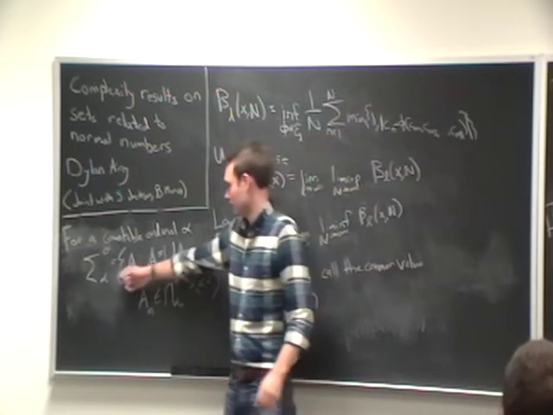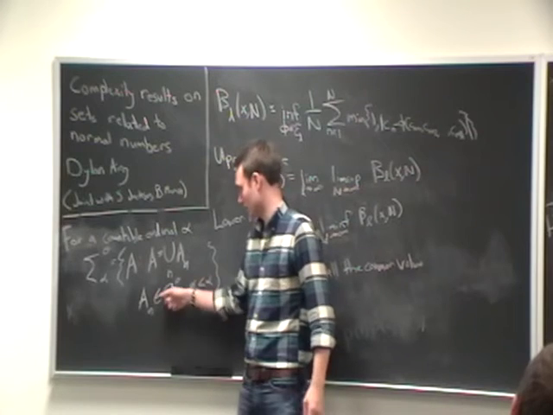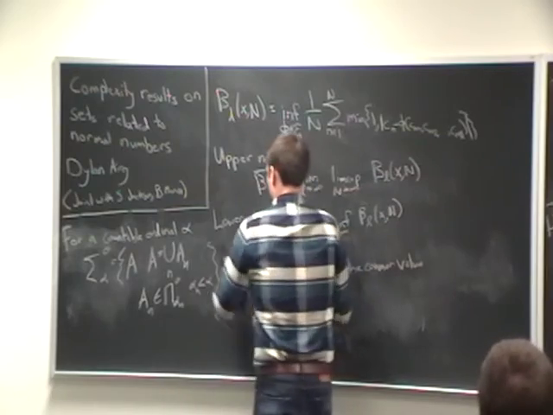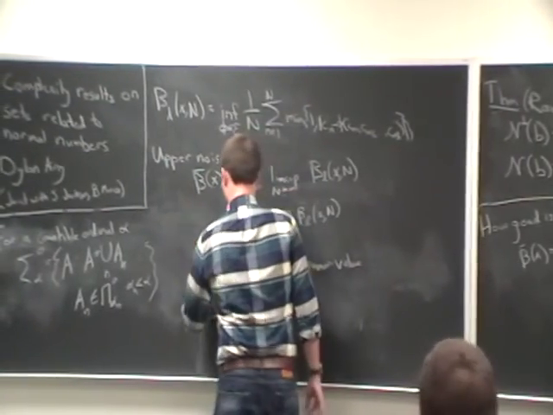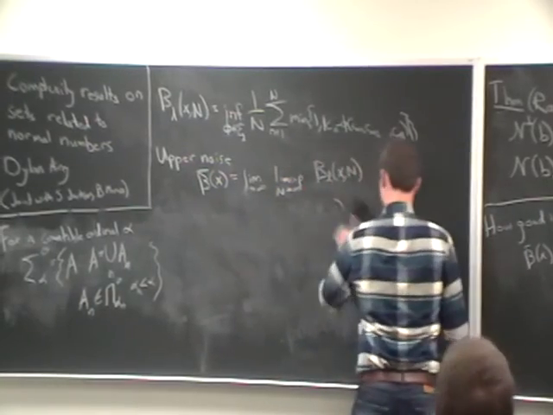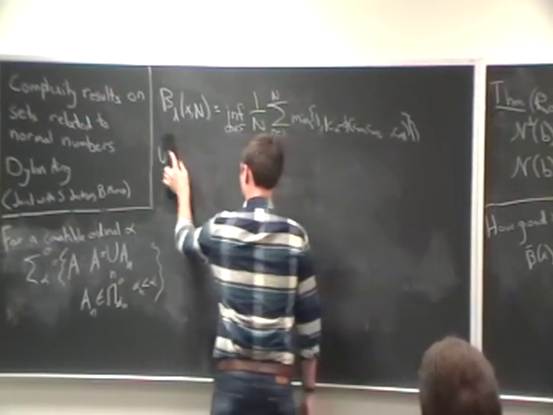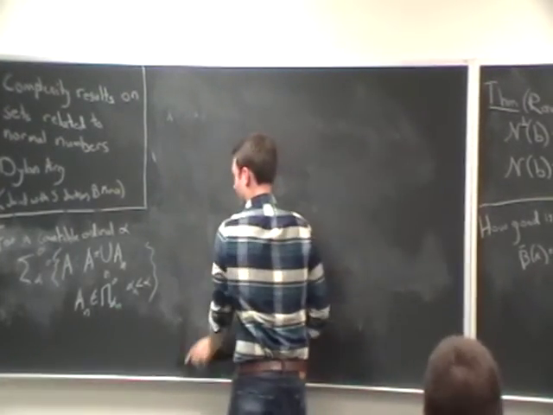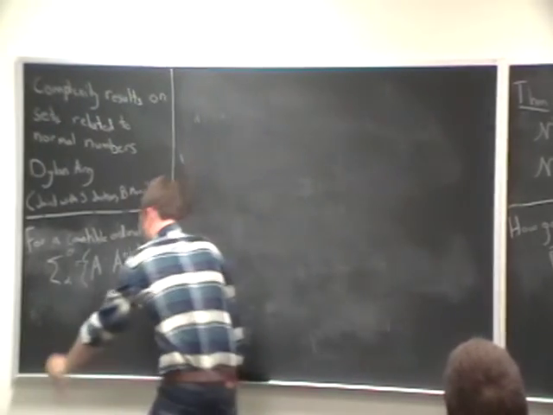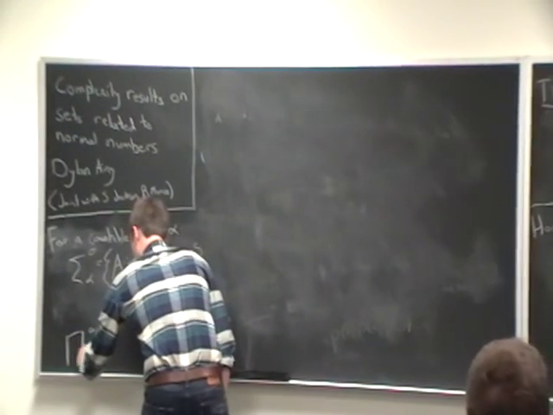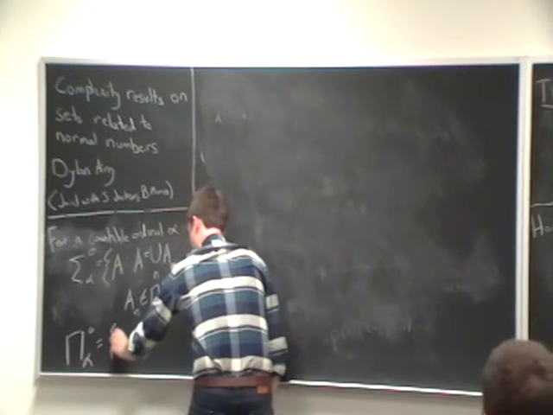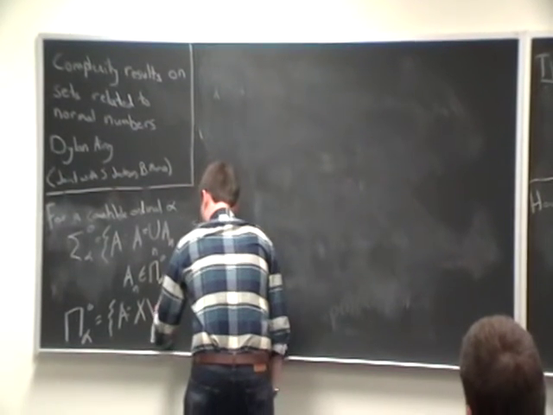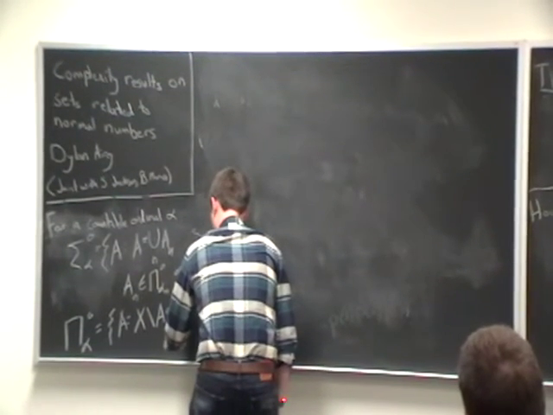In other words, take a countable union of elements in some lower complexity class, pi 0 alpha_n, and you have sigma 0 alpha. And you can also define pi 0 alpha to be the set of measurable sets A such that the complement of A is in sigma 0 alpha.